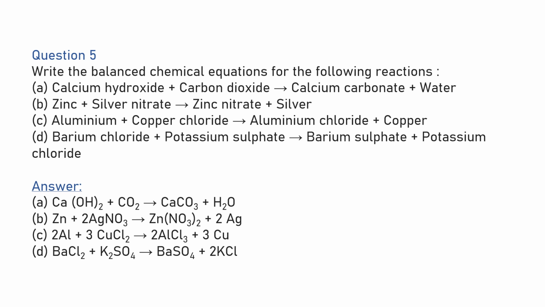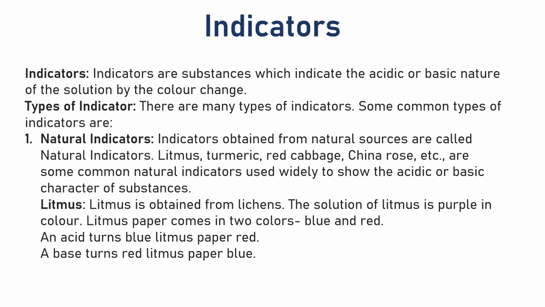Right, children? Now coming to our new chapter, acids, bases and salts. We are going to start with indicators. You must have heard this word because you did litmus and acids and bases, I think in 7th grade.